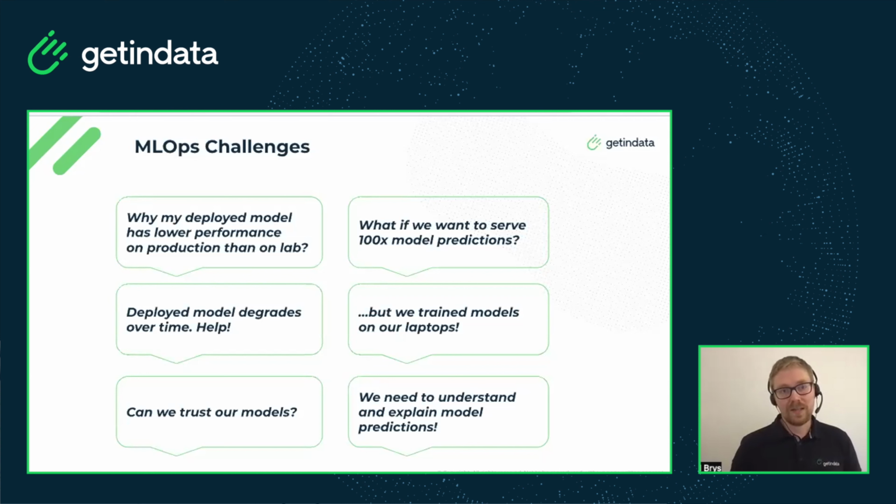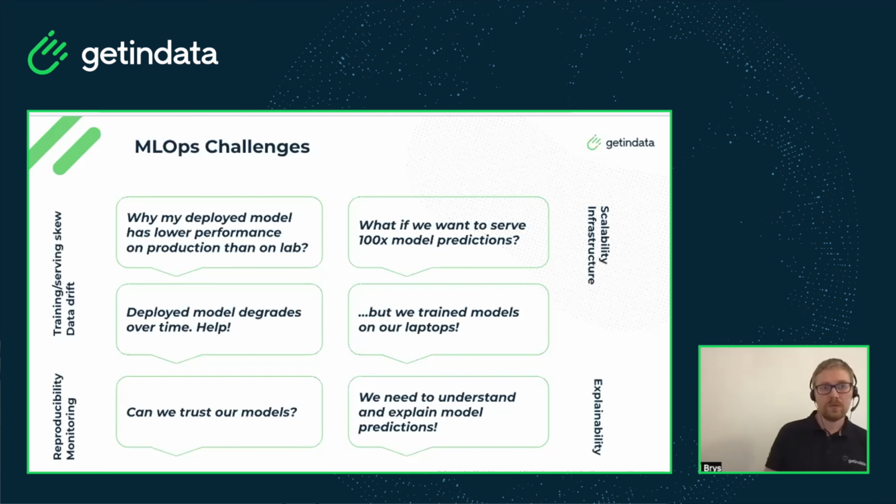Another thing is, what if we want to serve 100 times more model predictions than we have now? We have concerns: okay, the model is great, but we trained it on our laptops, so it's difficult to deploy it to cloud services, for example. Sometimes there are concerns about whether we can understand and explain our models. So these are real-life questions and real-life challenges which MLOps tries to address.